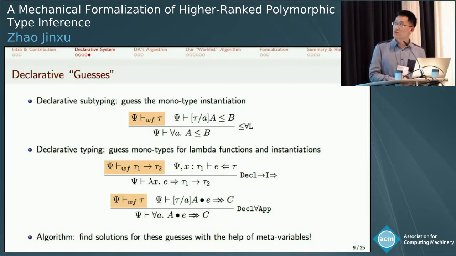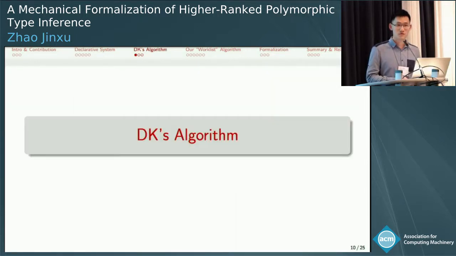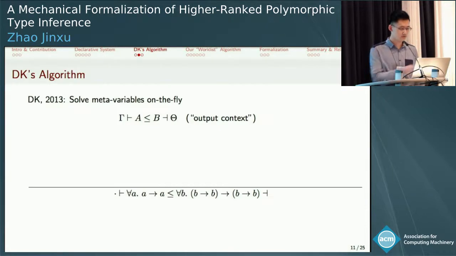First, I want to show you how Dunfield's algorithm works. They proposed the algorithm in 2013. The main idea is to solve meta variables on the fly, and they use a kind of non-standard judgment form, where there is an input context, a judgment, and also an output context.